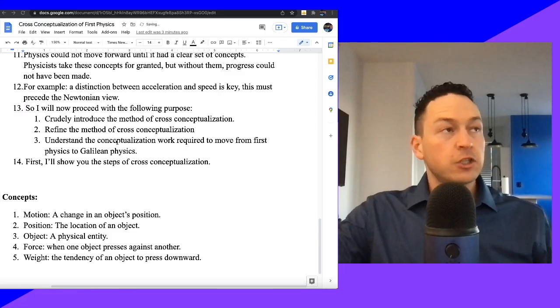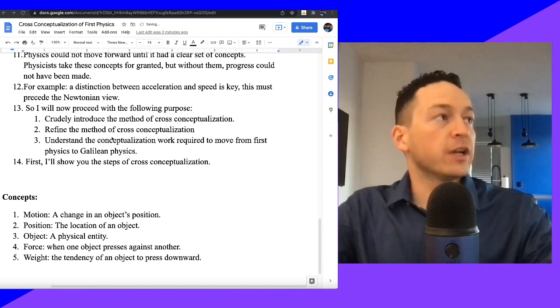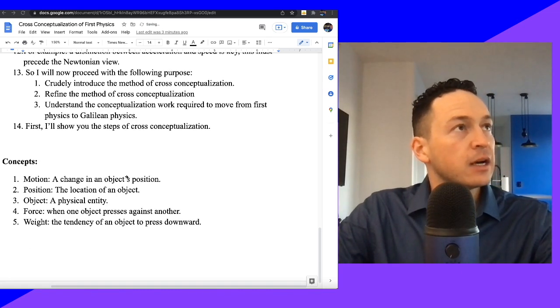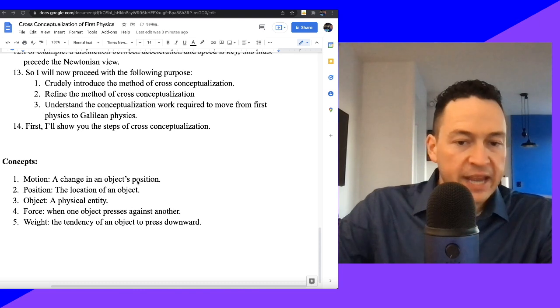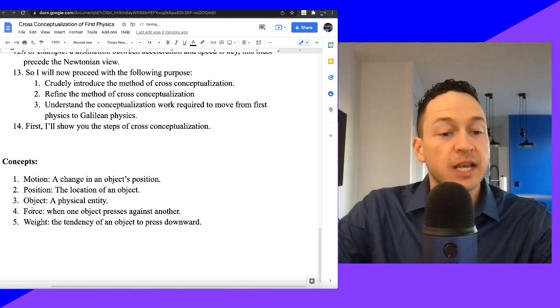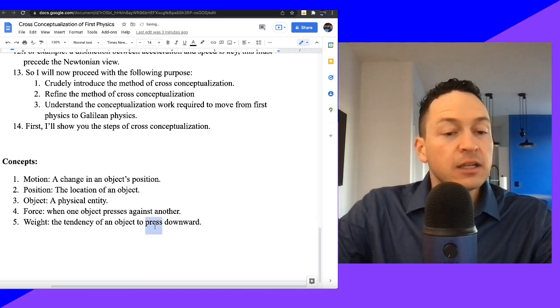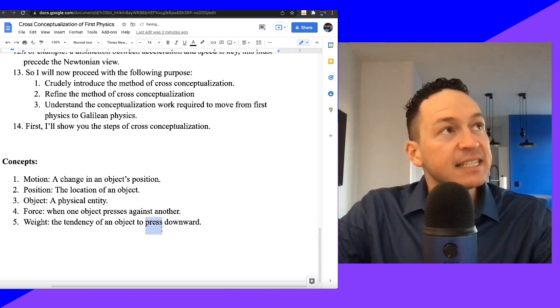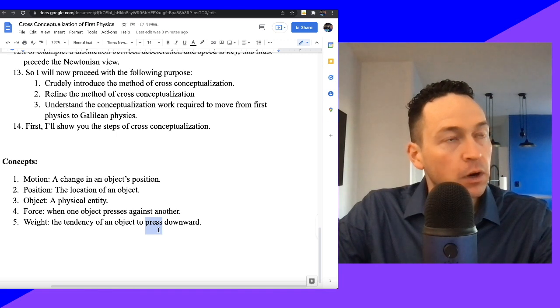All right. What else can we do from here? What other concepts can we come up with? Let's see. Weight is the tendency of an object to press downward. Oh, okay. So this is interesting. We have weight. Weight consists of the object pressing downward.